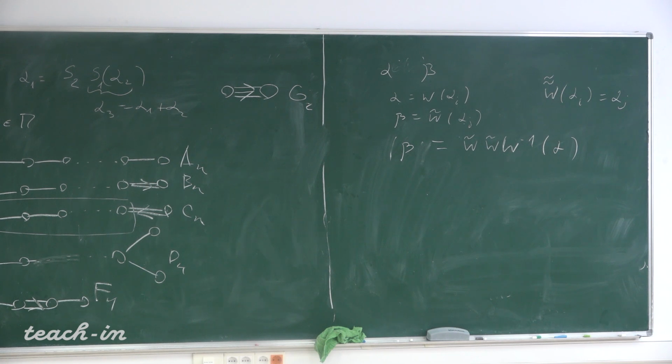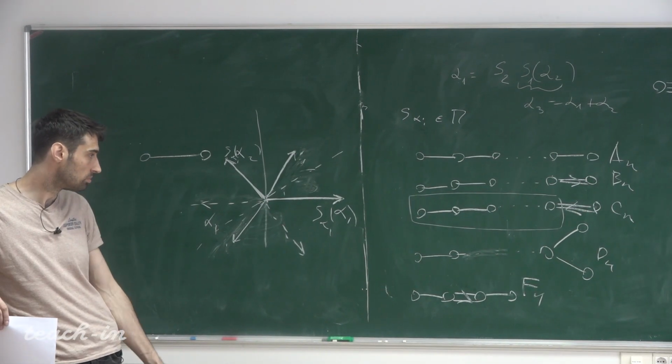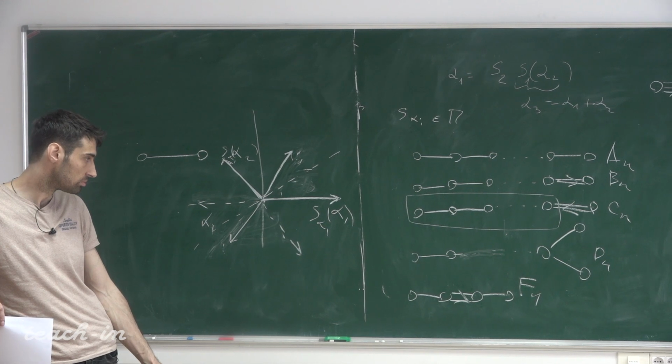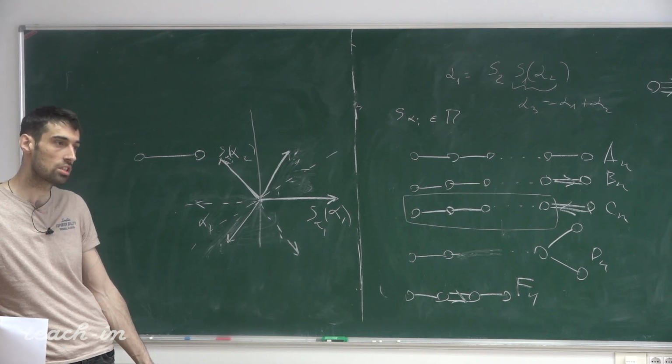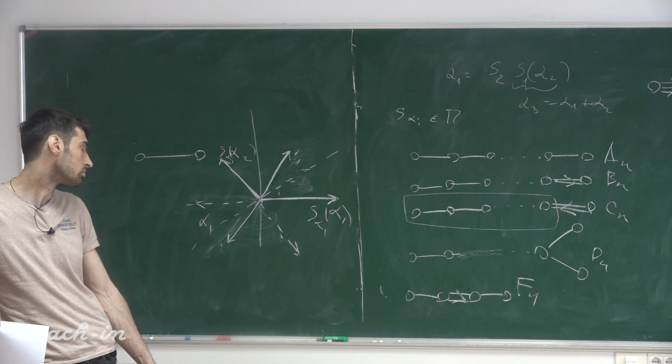That to each component of a Dynkin diagram which is connected only by single edges, there exists a subalgebra of roots which corresponds to this component. This subalgebra is not an ideal. You can't factor by it. But as far as I can understand, it's a subalgebra.